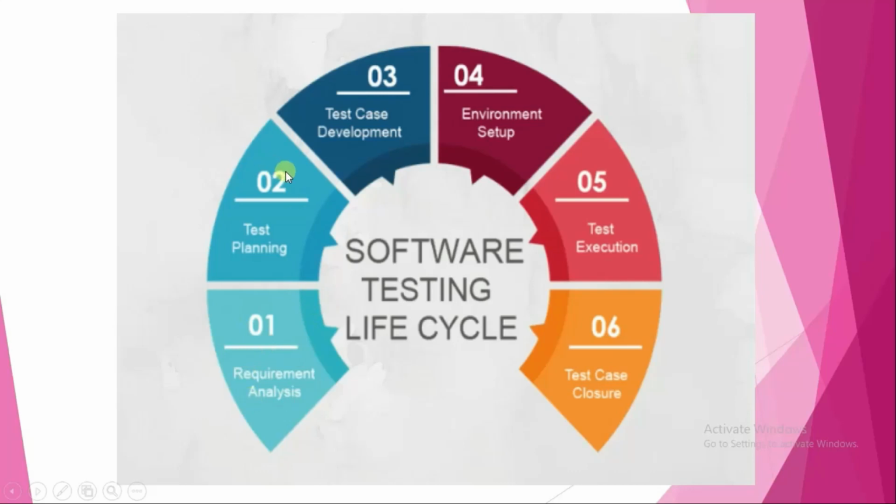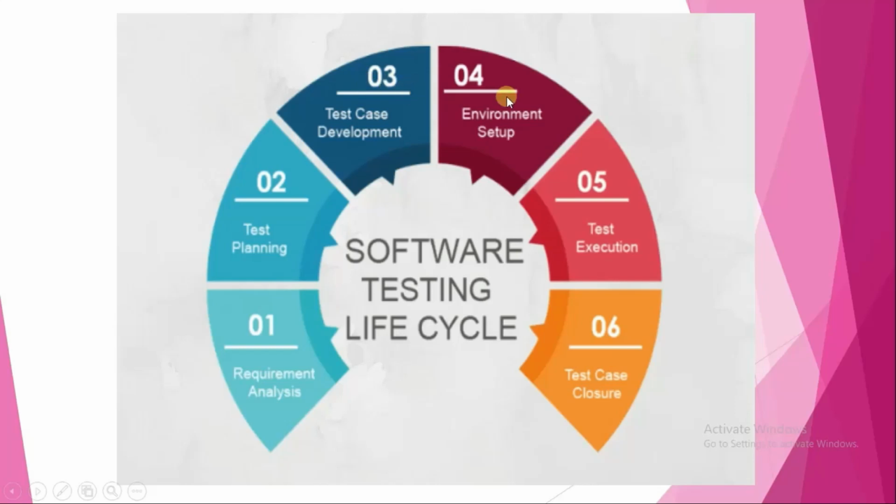After this the tester can plan the test cases. Before writing test cases, he plans in what way he can write them so that the project is completed very efficiently. For that purpose, test planning happens here, and afterwards the test case development. The tester writes the test cases in the third phase.